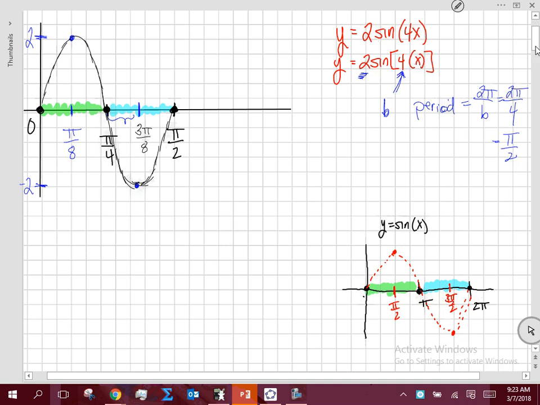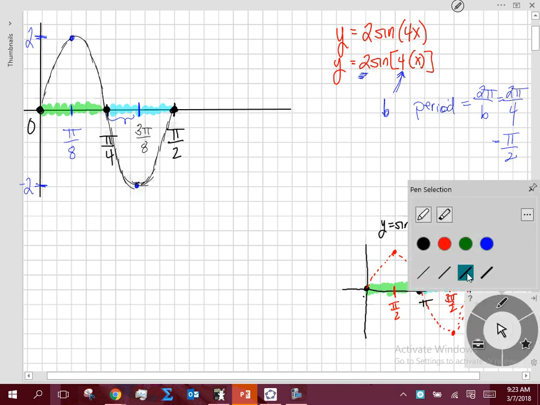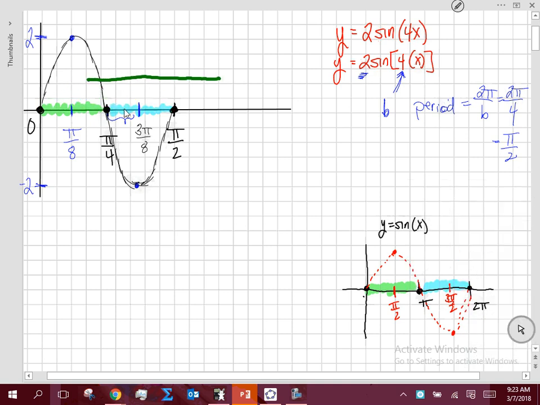And I think you're probably going to want to follow a similar procedure. That distance right there is the length of one period, right? That green distance. Can I somehow copy that distance, lay it down here, and now know that that distance is also pi over 2? Does that make sense?